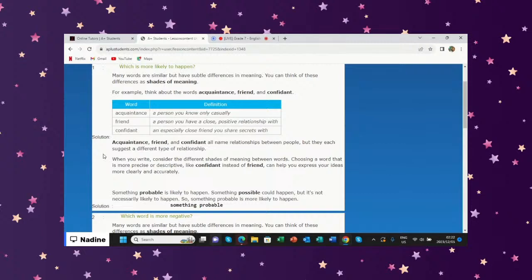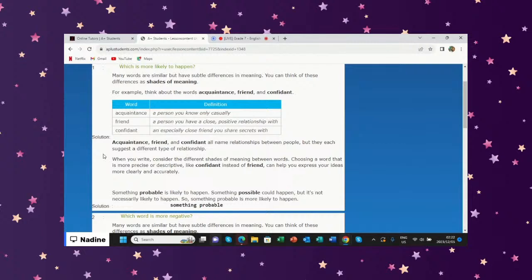And when you are writing, the specific word that you choose and you're descriptive about, this can help you express your ideas more clearly and accurately. Because if you must talk about your friend or someone that you really trust, then you will definitely make use of the word confidant.